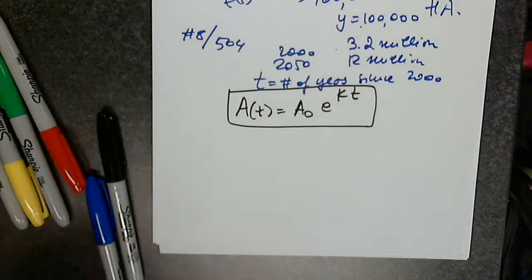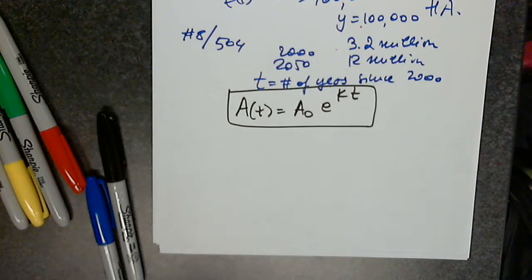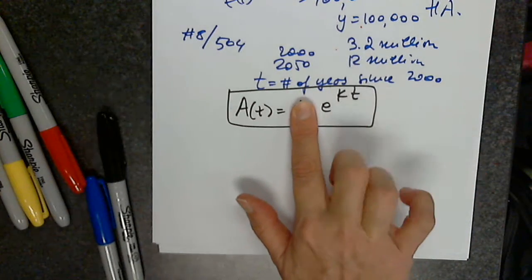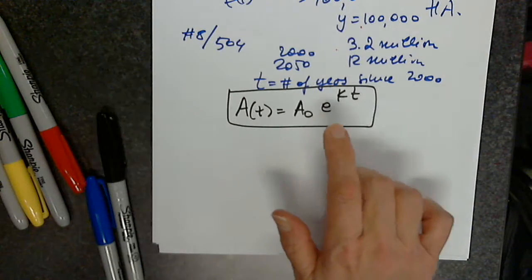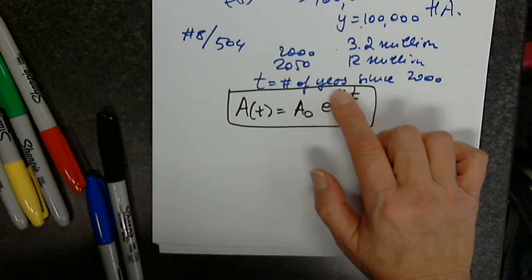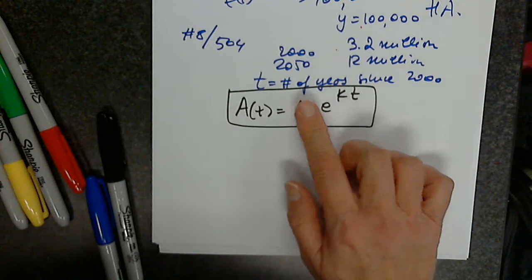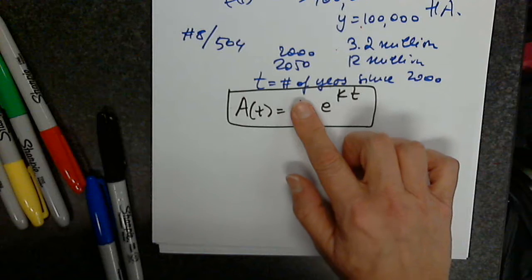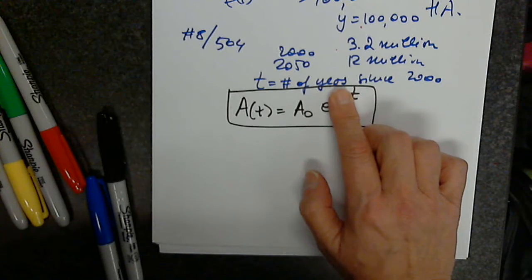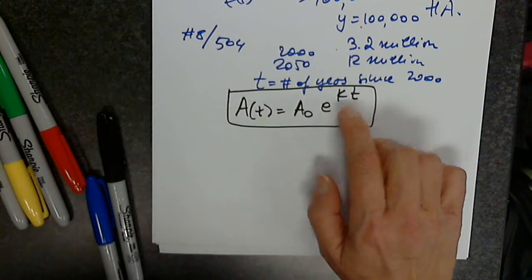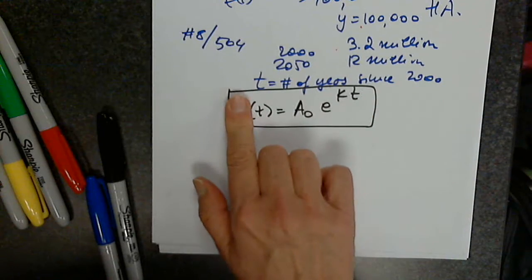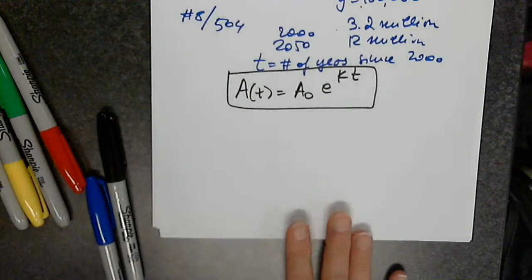What is not known here is A0, which is the initial population, and k, which is the exponential growth rate. So I do not have A0, at least not directly, and I don't have k.